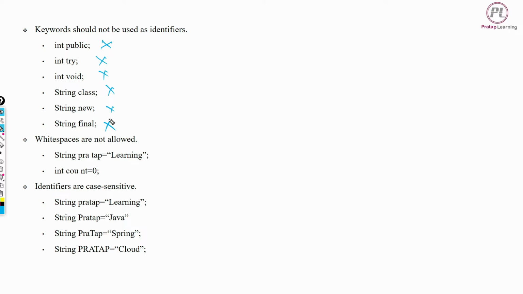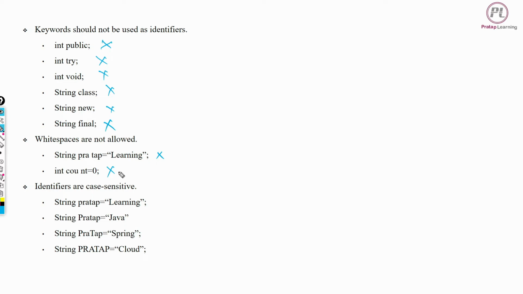Now the fourth rule is we cannot use white space in identifiers. Here we can see both are invalid naming as we give space between them. Now we will move to the fifth one.